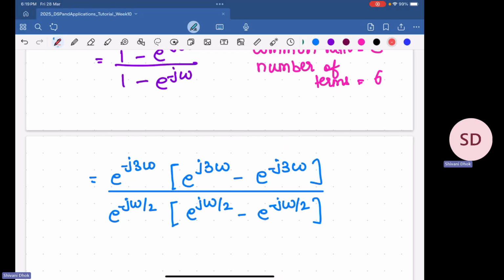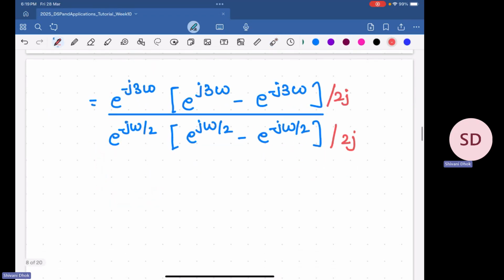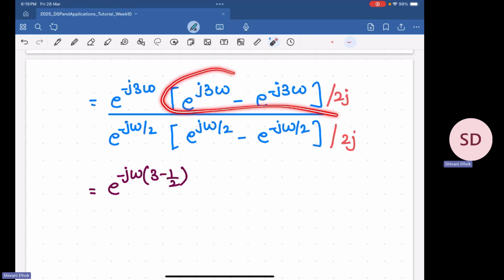Now what do we get? Now we can divide the numerator and denominator by 2j. So this part here can be simplified as e power minus j omega 3 minus half, and the numerator, if you look at this part, is nothing but sine of 3 omega.